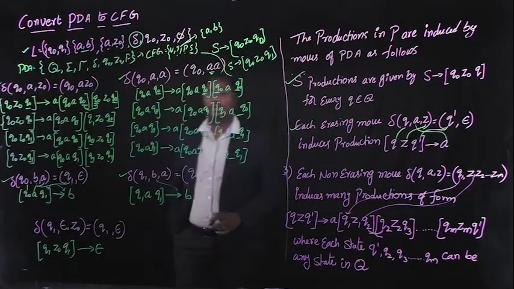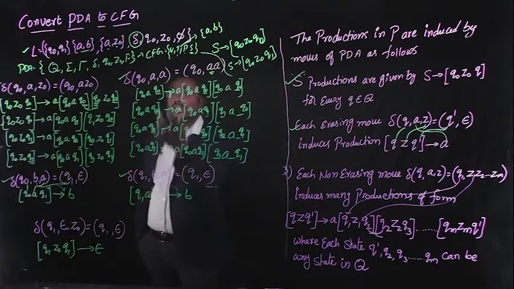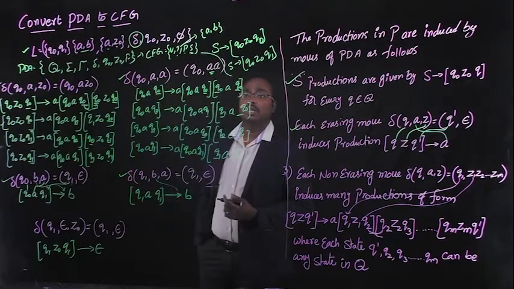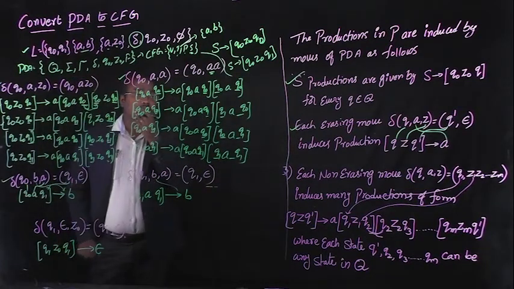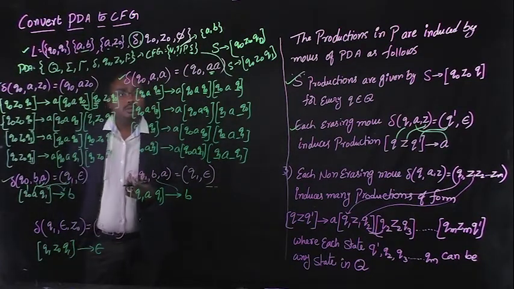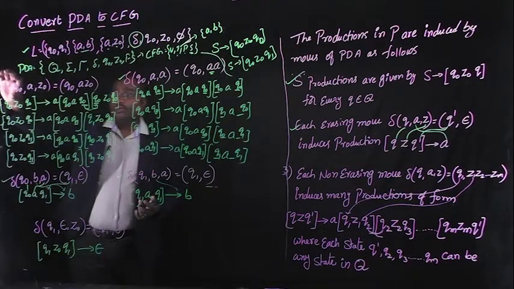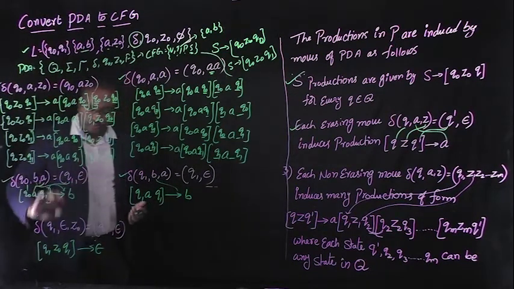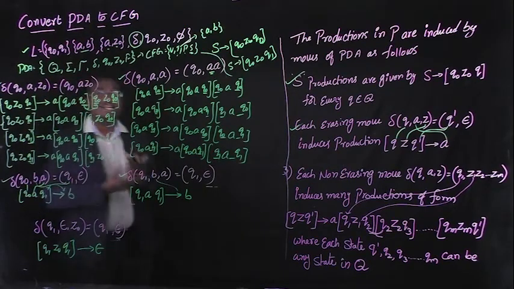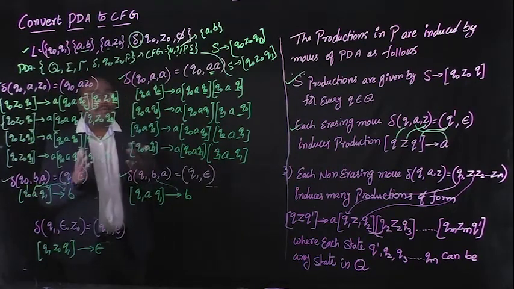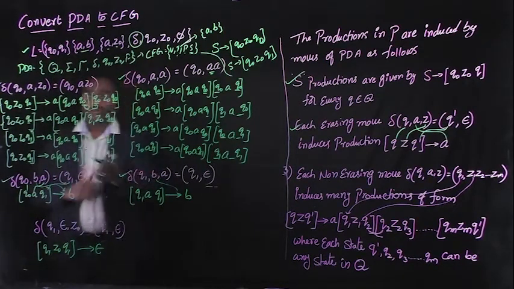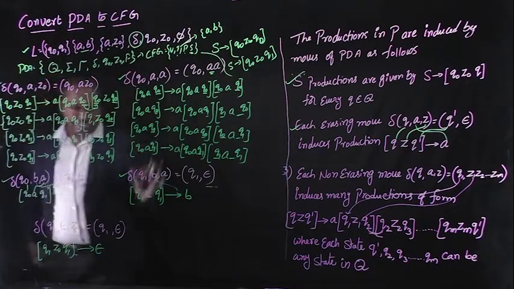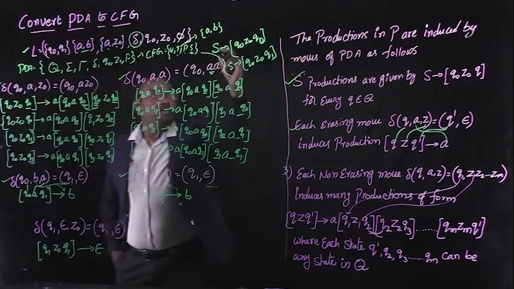So these are the different production rules for the given transition functions. In this construction we have to take many production rules. For example, we take only 4 transition functions, but finally we get many productions: 4, 8, 9, 10, 11, and the starting symbol productions 12, 13.